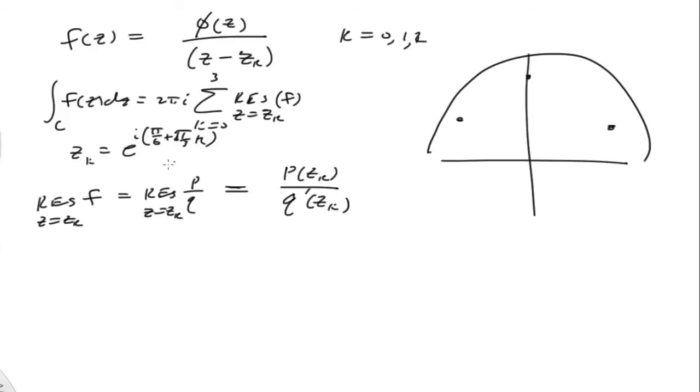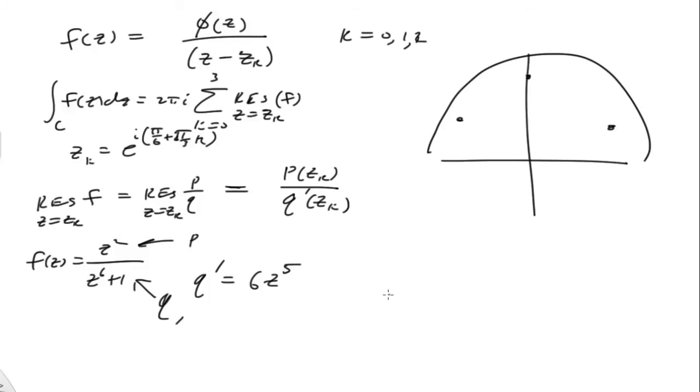So let's recall what this is again. f of z is equal to z squared over z to the 6th power plus 1. So of course if that's my p and that's my q, that means that q prime is equal to 6z to the 5th power.